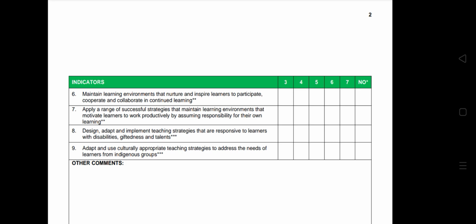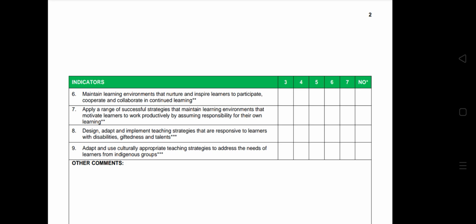So, if the teacher is very responsive or designs, adopts, or implements teaching strategies for those kinds of giftedness, talents, and so on, the teacher employs extensive teaching strategies, my dear fellow teachers, magbibigay ako ng 7. We have this extensive, somewhat, partially, variety, educability. Yan ang mga basis ko.